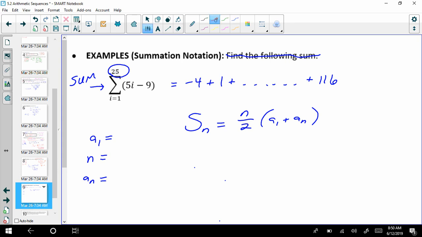Now, be careful here. People will tell me 1, because that's what's on the bottom. That does not represent the starting term. That tells me what I'm going to plug in to get the first number. So if I plug 1 in, notice I got out negative 4. That is the starting number.